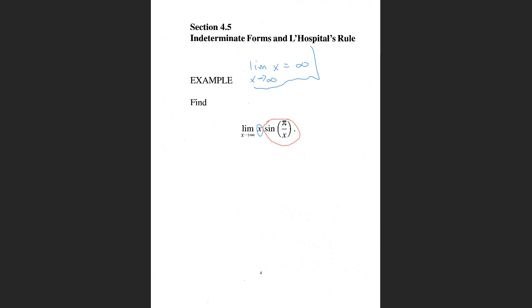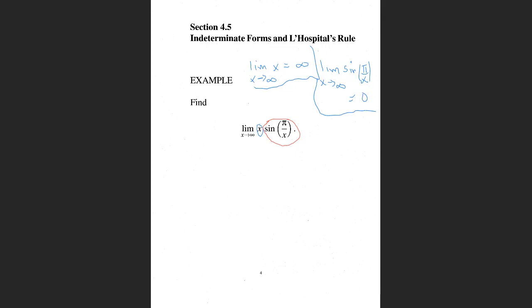Also, what's the limit as x goes to infinity of the sine of pi over x? What's that equal to? 0. Because pi over x goes to 0 as x gets large, and the sine of an angle approaching 0 would be 0, because the sine of 0 is 0.